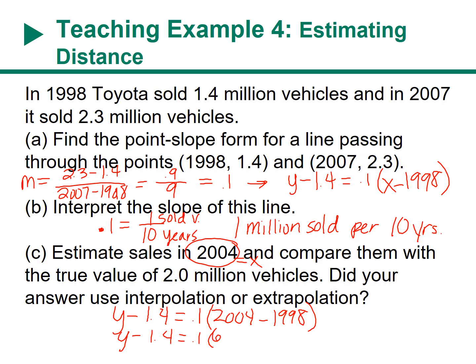Just 6, right? And then we have 0.1 times 6, so we're left with y equals 0.6 plus 1.4. And that's about what? 2 million. So y equals 2 million vehicles sold.